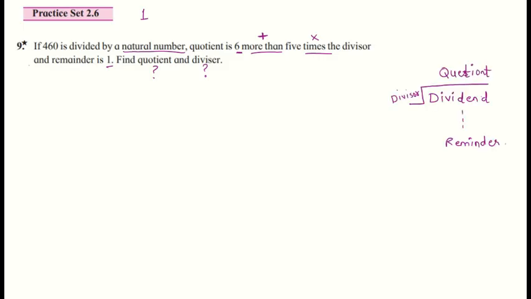So how do we perform a division? Whatever number is outside is called the divisor, the number inside is called the dividend, the upper number is called the quotient, and whatever we get below after solving is the remainder. Let's understand the relation between them.